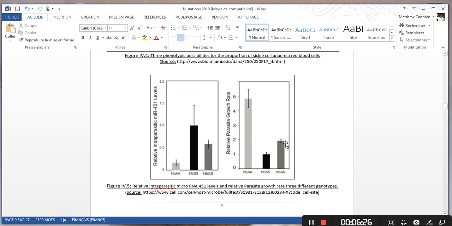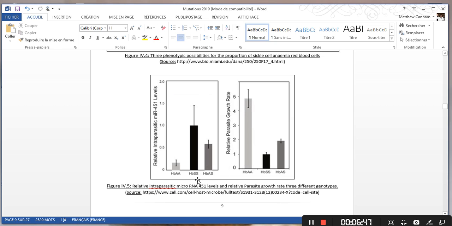So this is the key to the explanations. So people who have HBAA, they don't have sickle cell anemia. However, the growth rate of parasites is 5 times higher than those with HBSS.